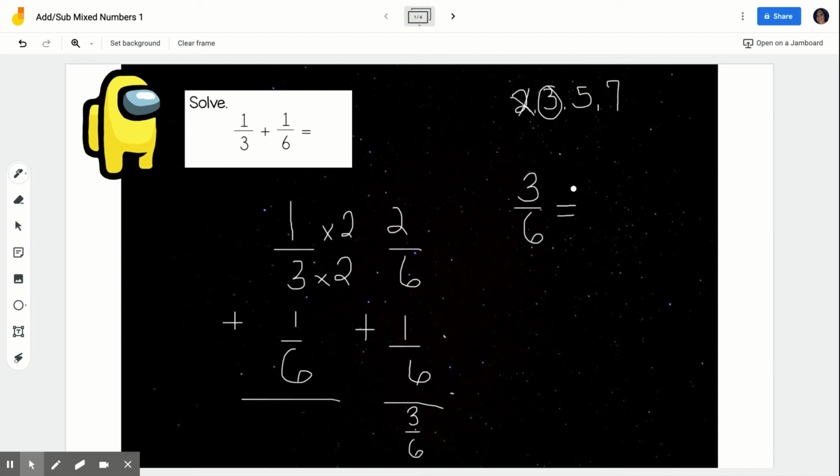So 3 divided by 3 is 1, and 6 divided by 3 is 2. These are equivalent fractions, but this is now in lowest terms or simplified. So 1/3 plus 1/6 is equal to 1/2.